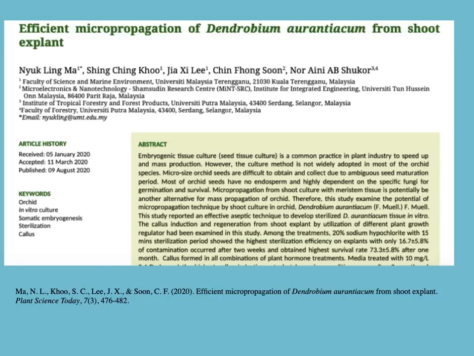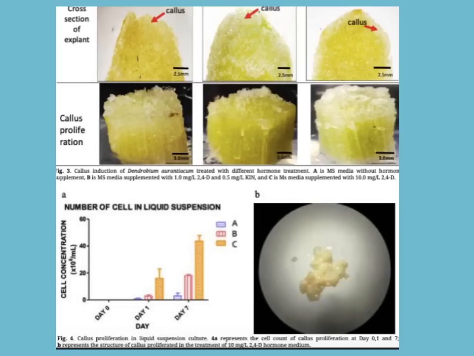Here is an example of another study of mine, working on the micropropagation of orchid from shoot meristem. Basically, we take the shoot meristem and sterilize it under laboratory conditions. After sterilization, we grow it on a defined medium.